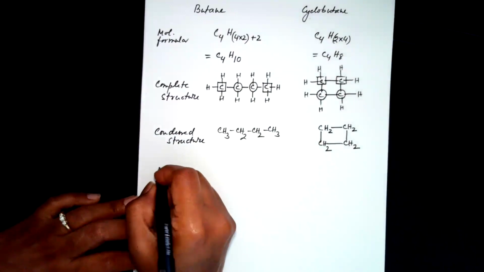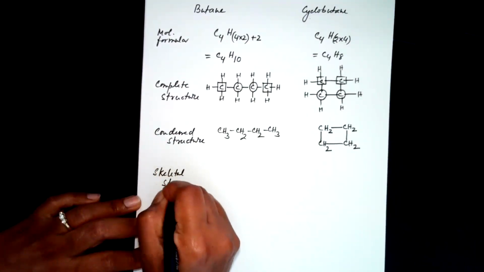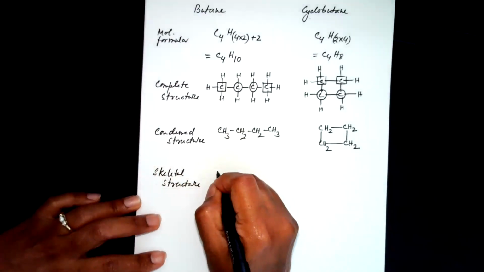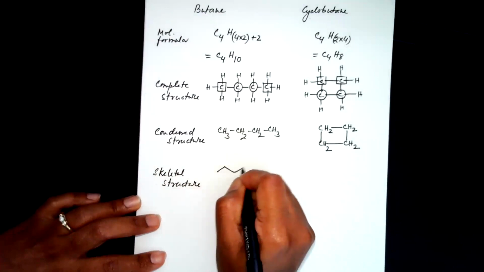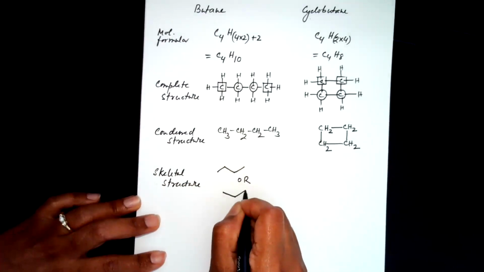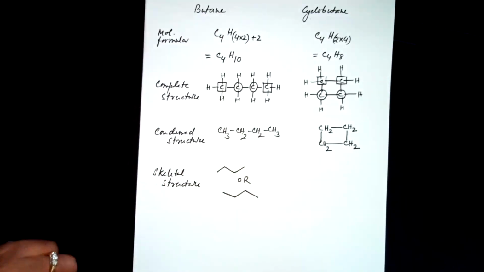And then the last one would be my skeletal structure for this molecule. For the first one, it's a zigzag. So 1 carbon down, up, or you could have started up, down, and down. Each of these positions, the ends of each of those lines, is a carbon.